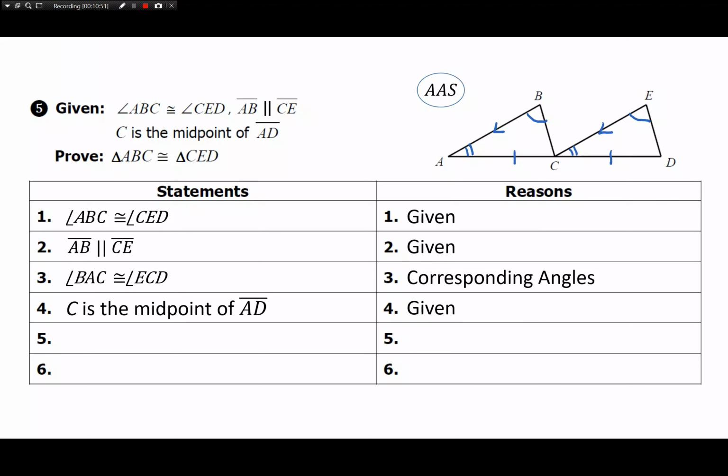Reason for it, it was given. That concludes now that AC is congruent to CD by definition of midpoint. That gives us the third part for our triangle congruence theorem, which then is triangle ABC is congruent to triangle CED by angle side.